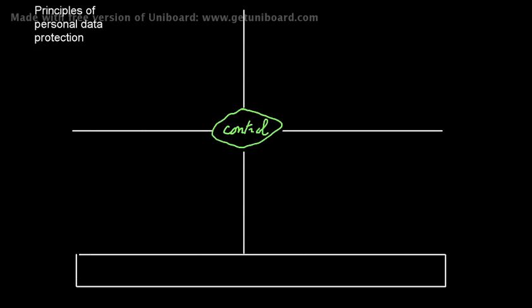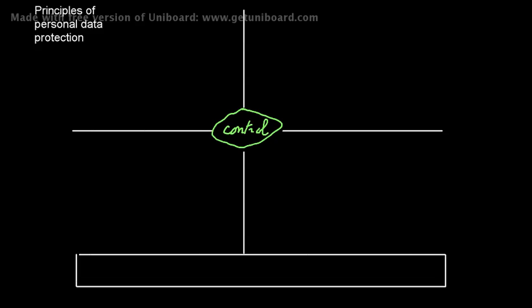When discussing the actors in the personal data protection context, control is a central idea. Why? Because the data subject provides information to the data controller, and the data controller is the one who is supposed to be in control of that data on behalf of the data subject. So control is in any case a central element.